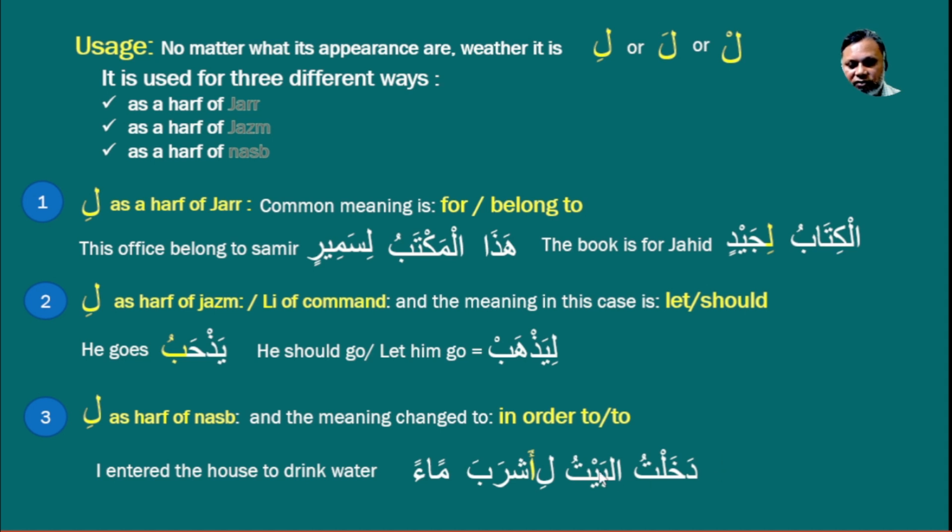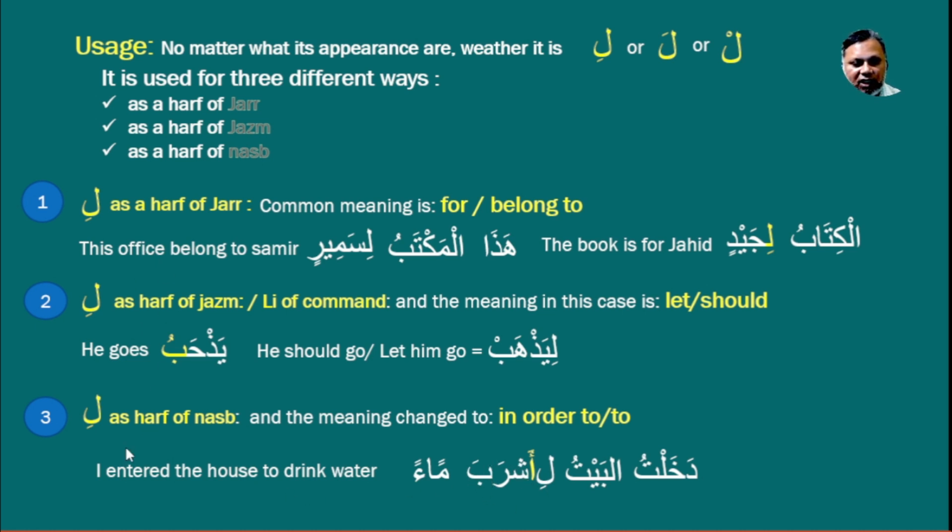I entered the house. Li, in order to. Li ashraba ma'an, in order to drink water. Here the ashrabu becomes ashraba because of this li. Ashraba is mansub, in the nasab case.